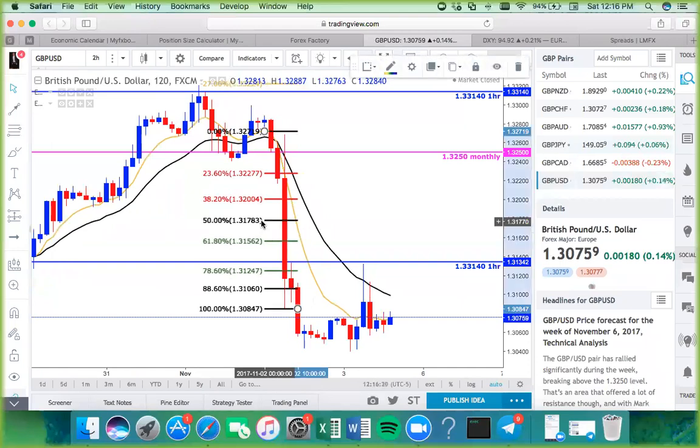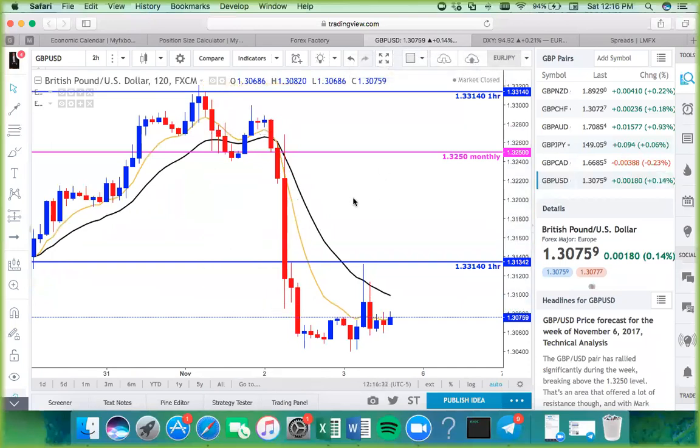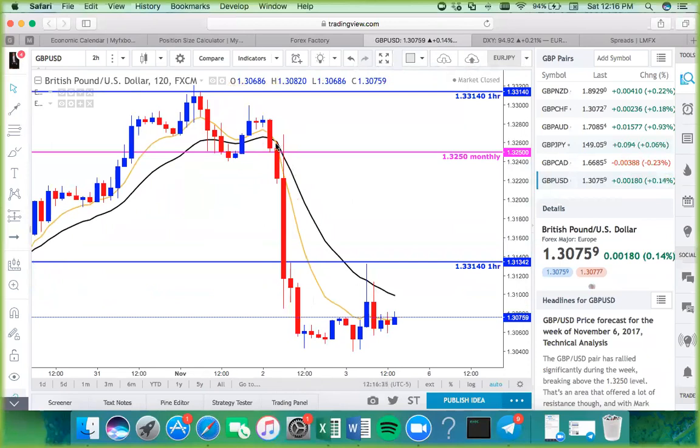If we look at the pound USD, let me remove my fib. See where the EMAs crossed? That is exactly where it started to sell, all right? You see how strong this gap is right here? I mean, price essentially has to fight through this gap in order to convince me that he wants to buy, right? Because once upon a time, he did go through here, but then look what happened.